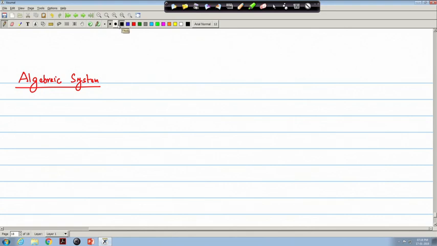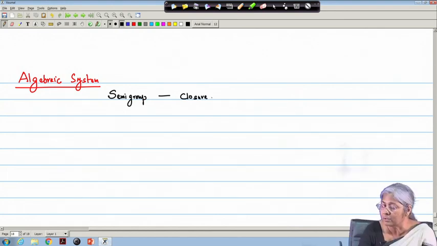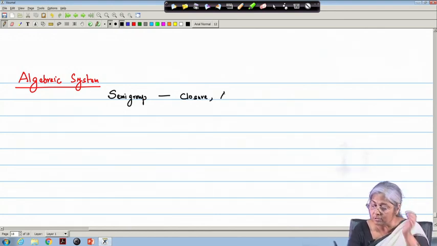So, first, since we have read the semigroup, if I quickly summarize, it has the property of closure and associative.